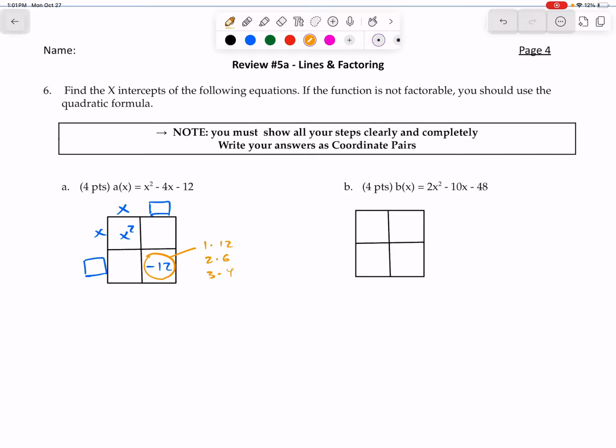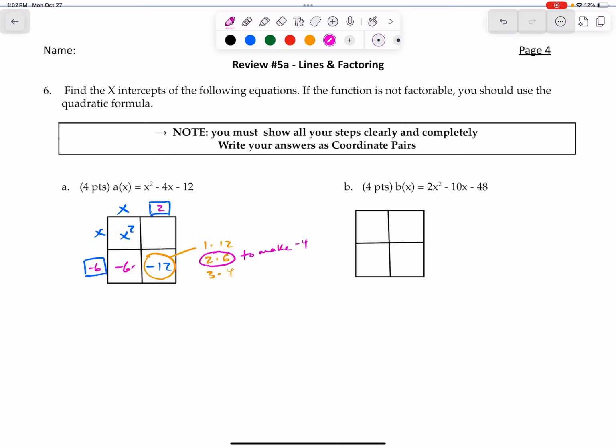They have to add together to make negative 4, so I think I've got to choose the 2 and the 6. Since it's got to be negative 4, I'm going to do negative 6.